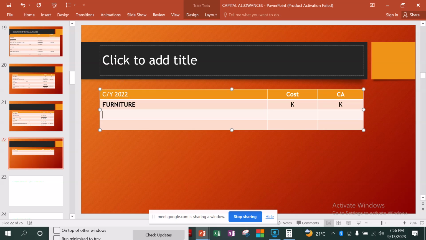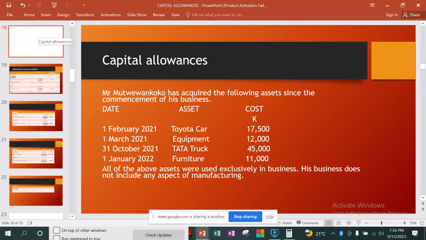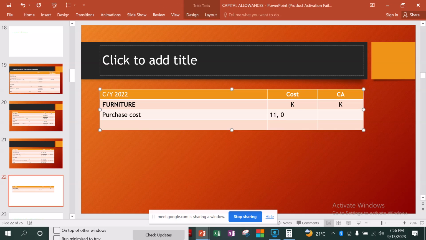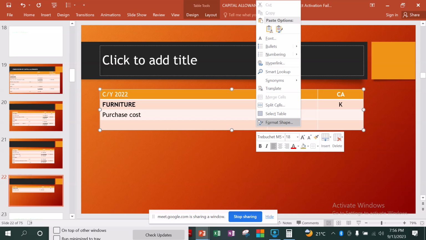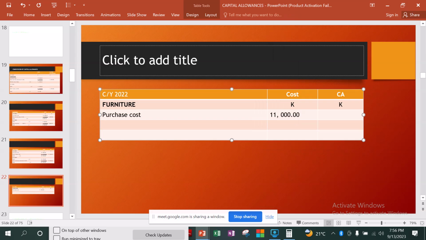Okay. Then we have, since the first year, the purchase cost. What's the value? It is 11,000. Okay. What is the wear and tear allowance?